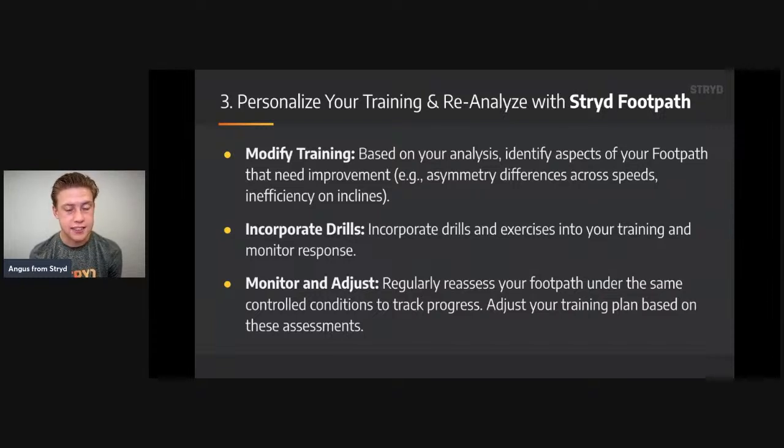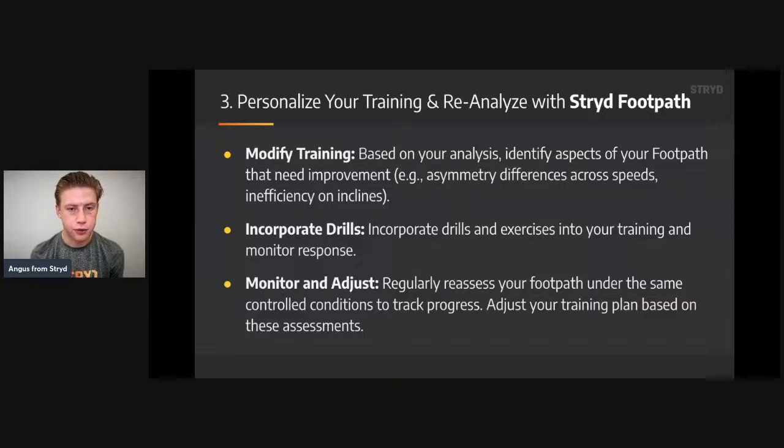So I could say reflect in the Stryd footpath, and I know that I need to incorporate more uphill training into my training plan. So, for example, that's one way you could modify your training if you observe those differences, for example, incorporating more speed work or incorporating more uphill running.